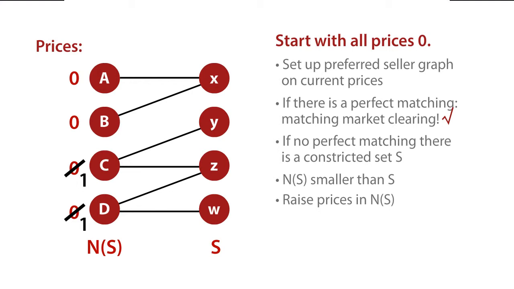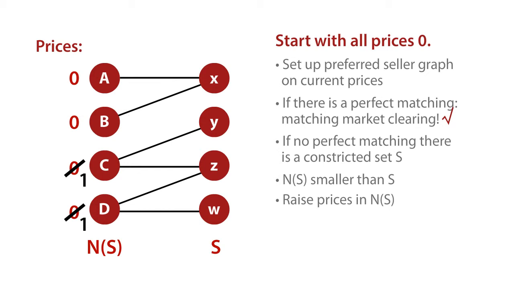So why exactly is raising prices helpful? Once we raise prices, the increased price on the items that Yoram, Zach, and Will wanted will make them want it less, and in particular, they might start preferring something else. In our example here, they started to prefer A and B respectively.